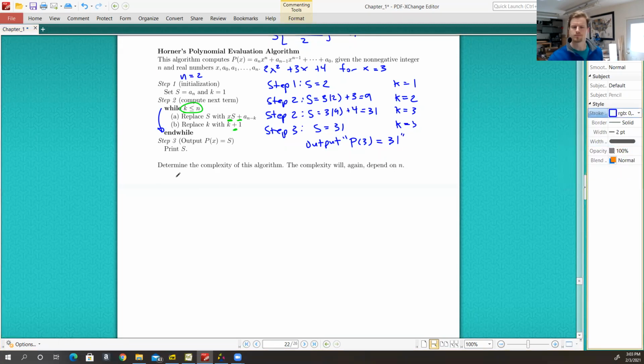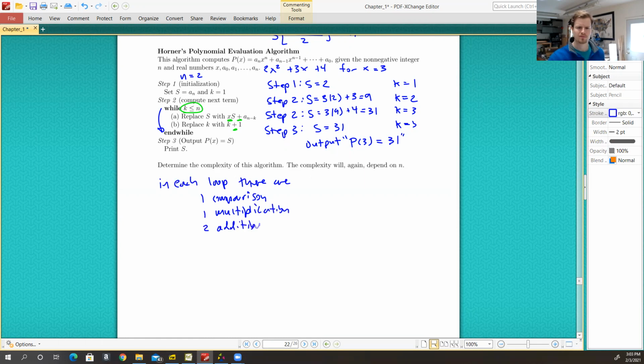So in each loop, there are one comparison, one multiplication, and two additions. So four operations, four elementary operations in each iteration of the loop.